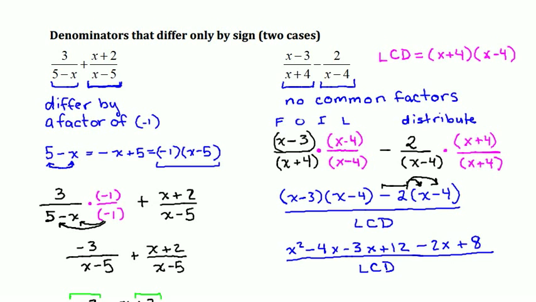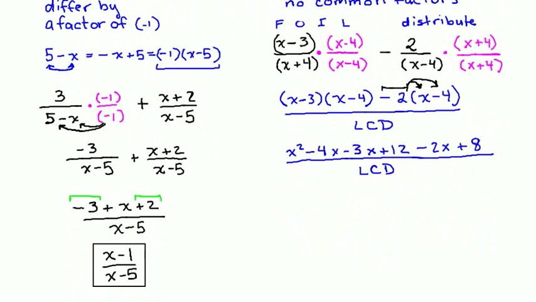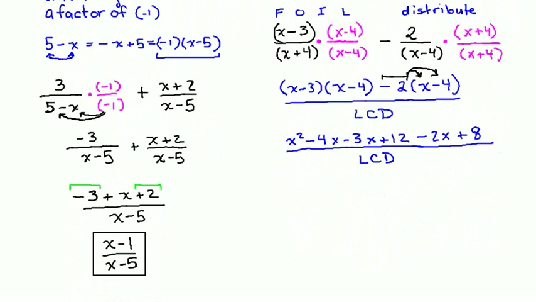And so in the next step, we're just going to combine like terms. Our x squared does not have any like terms to combine with it, but our x to the power 1 has negative 4x, negative 3x, and a negative 2x, all of which will combine.